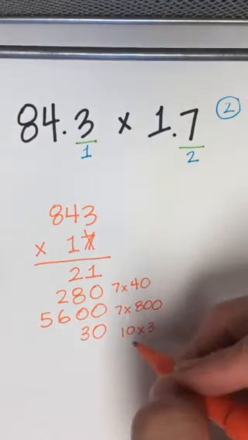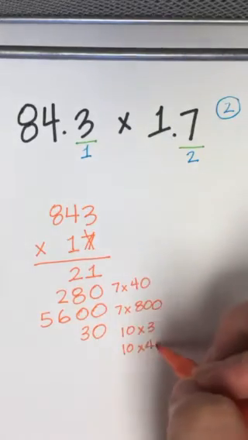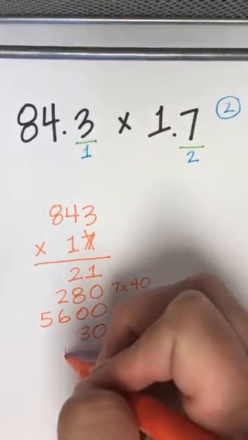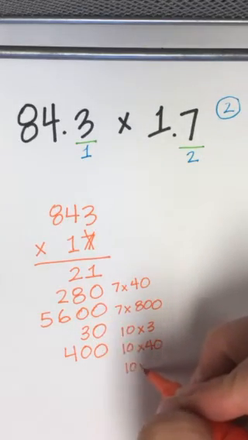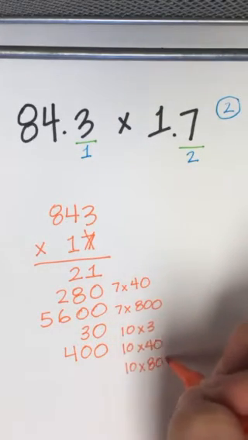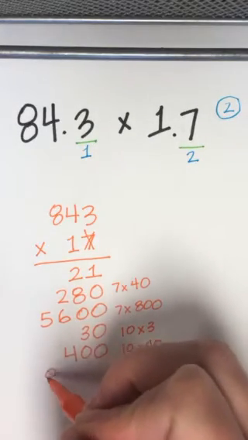And 10 times 40, which is 400. And 10 times 800, which is 8,000.